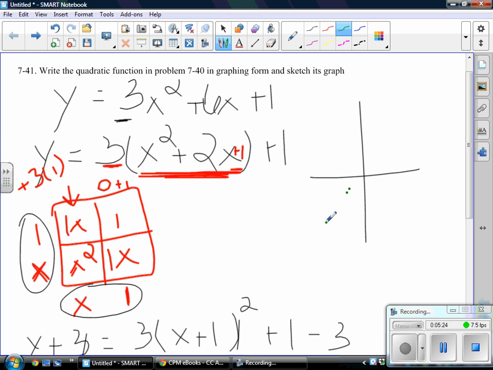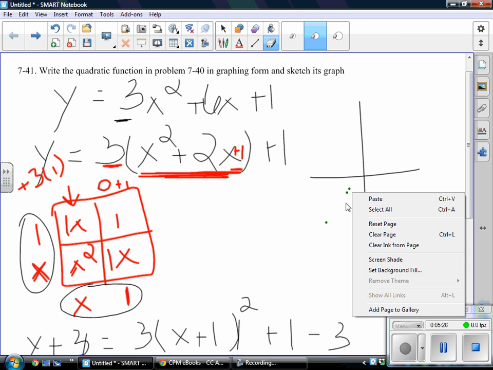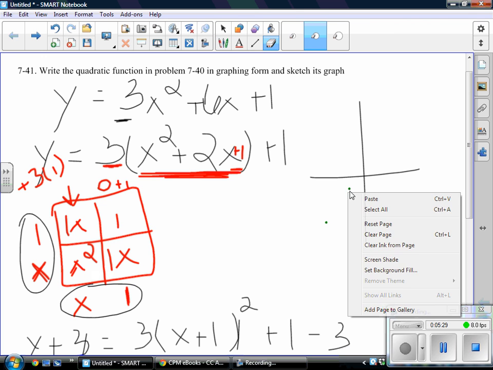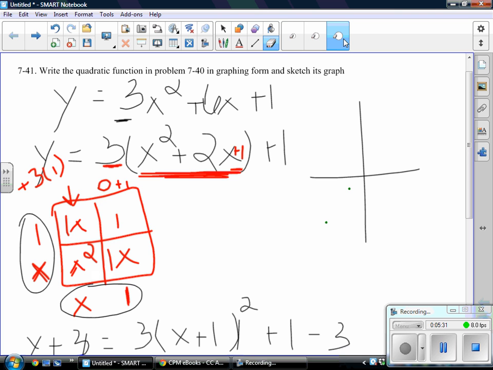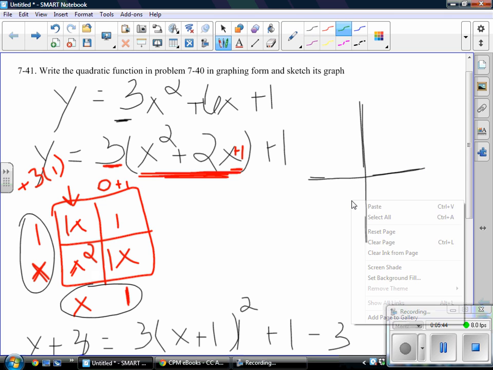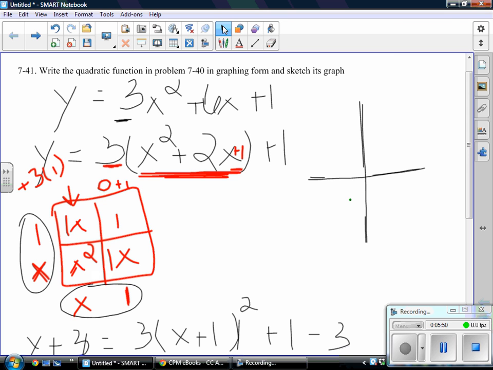Let's fix our axes, and my point. Let's say right there. We're going to go with that. Okay, so that's -1, -2. Perfect. That's what it's going to look like.